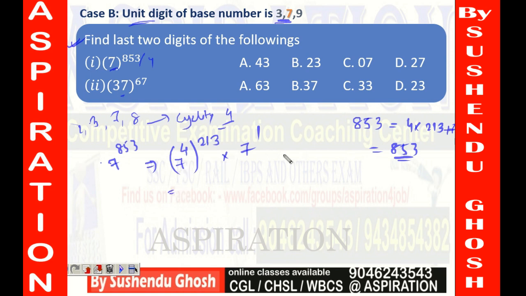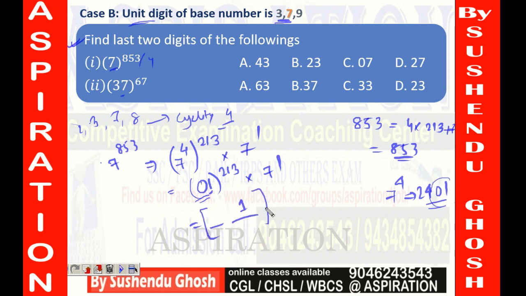So now 7 to the power 4 means 2401. As we are considering only the last two digits, we have to take here only 01. So 01 to the power 213 into 7 to the power 1. Now we have broken the power in such a way that it will always give you 1 in the unit place of the base number. So 1 will always be in the unit place for this one.